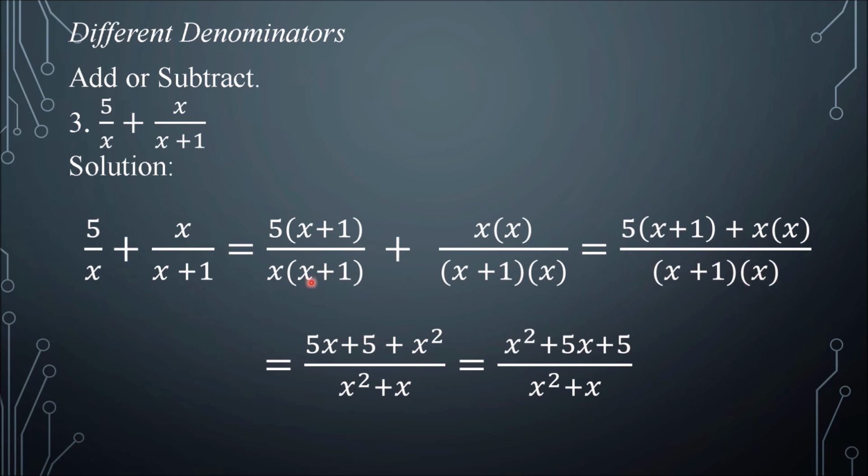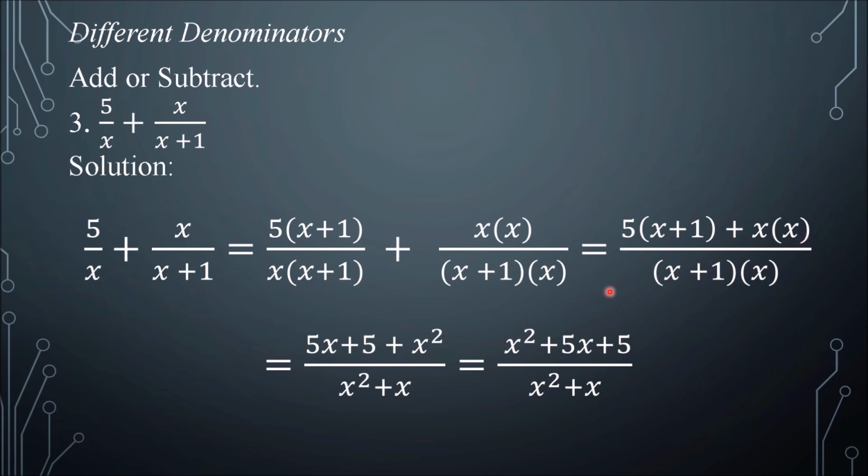Now, going back, the first rational algebraic expression, the denominator is being multiplied by x + 1. So, the numerator must be multiplied also by x + 1. In the other rational algebraic expression, the denominator is being multiplied by x. The numerator must be multiplied by x also. Now, we can combine the two numerators. So, 5 times (x + 1) plus x times x.